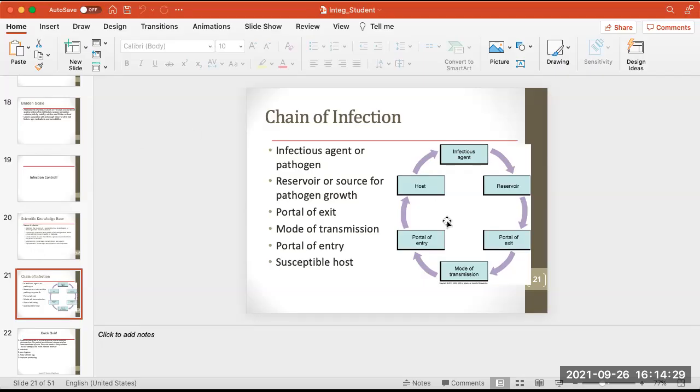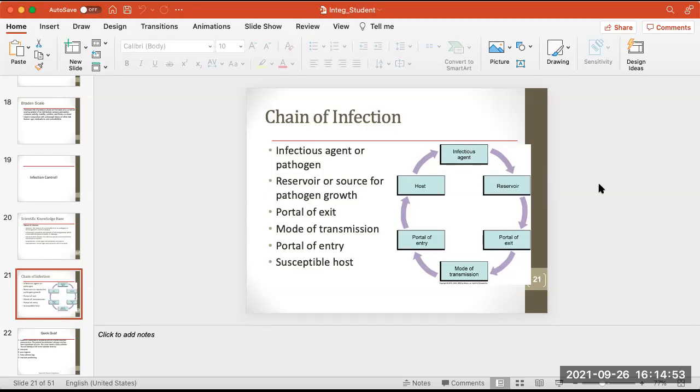So the infectious agent can be anything, any bacteria, any virus, any pathogen for that matter. Who will be the reservoir here? The reservoir will be the infected person, the patient, or it can be the Foley catheter bag.